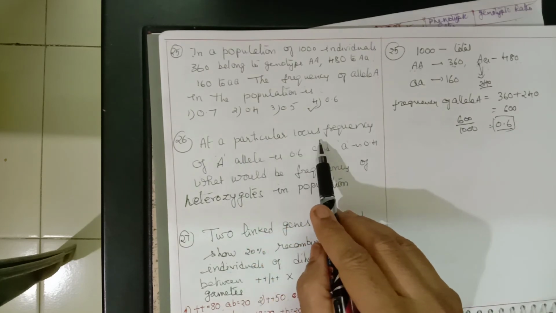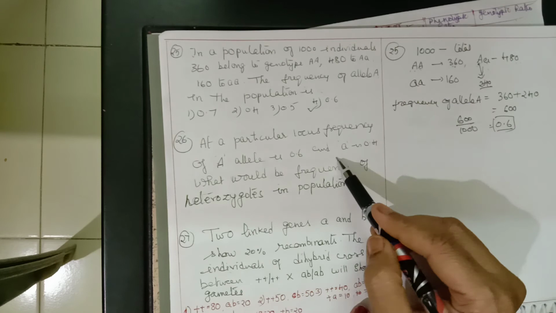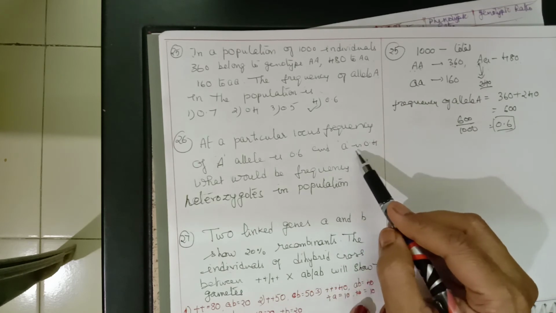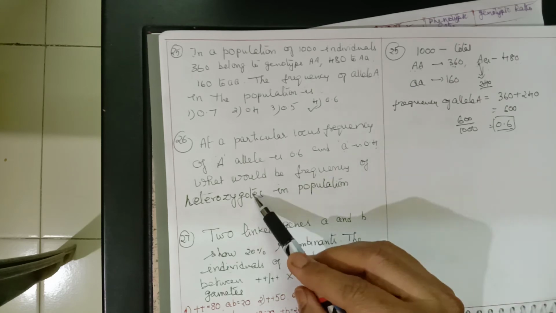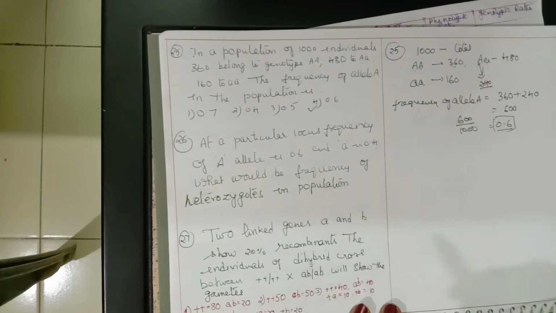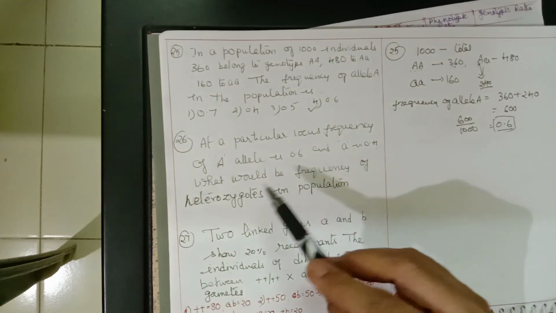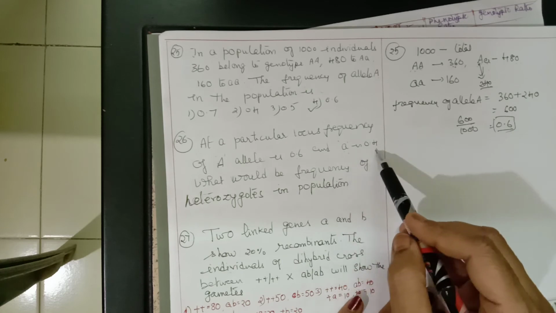At a particular locus, frequency of allele A is 0.6 and frequency of small a is 0.4. What would be the frequency of heterozygotes in that population? So allele A is given, and 0.4.